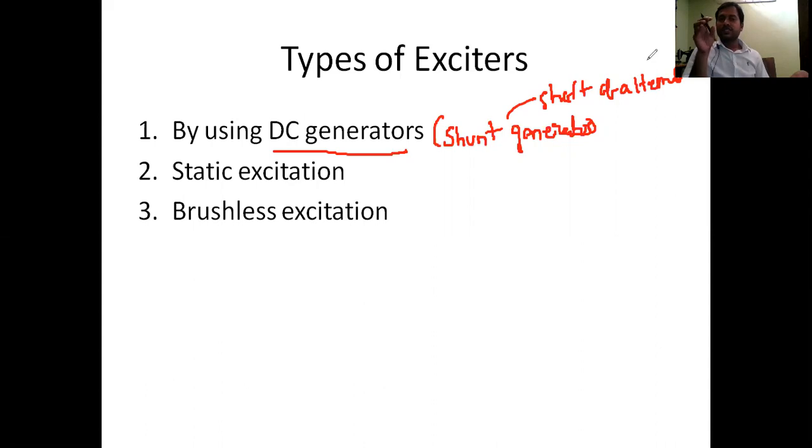The DC shunt generator produces the DC output, and the output of this one is connected to the field winding.